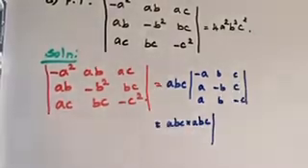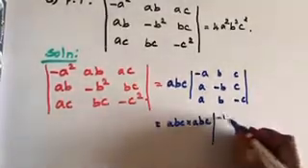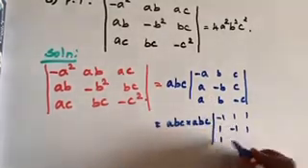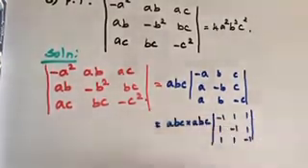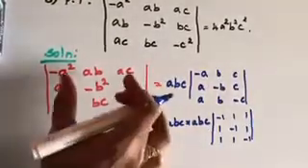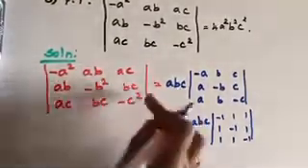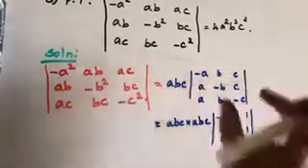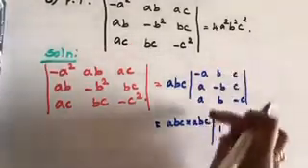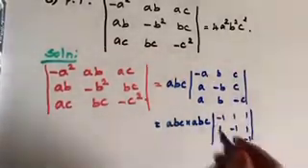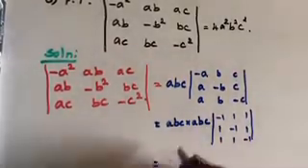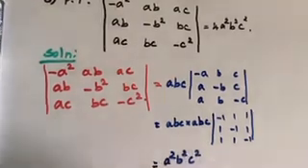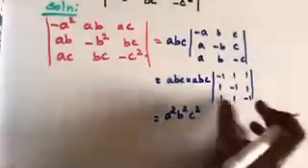This determinant becomes minus 1, 1, 1; 1, minus 1, 1; 1, 1, minus 1. Can you understand? Here we have taken the common terms from row 1, row 2, row 3 as ABC. From this determinant, I am taking the common terms from column 1, column 2 and column 3, so it is also ABC. So, A square, B square, C square.